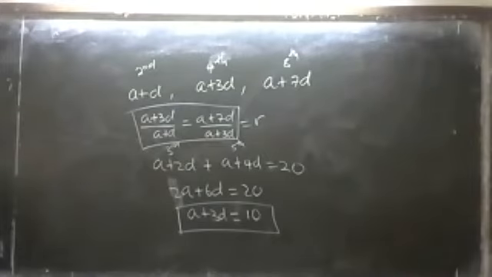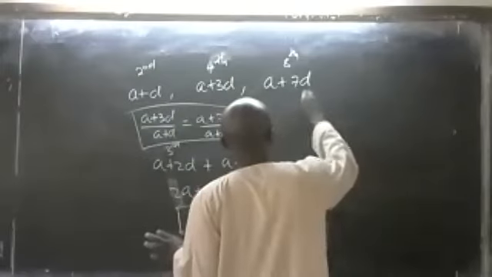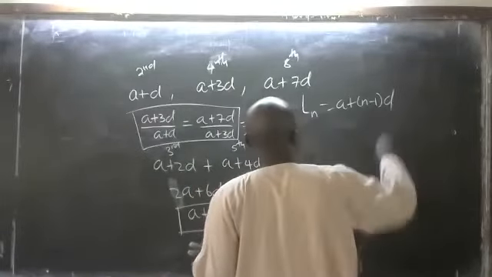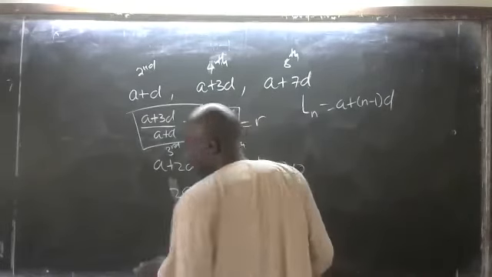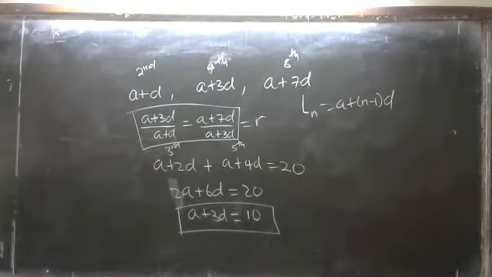Are we together? We're using our formula for AP, which was the nth term equals A plus (n minus 1)B. You remember that formula for AP? Yes, teacher. It's telling us the second, the fourth, and the eighth of an AP are in GP.